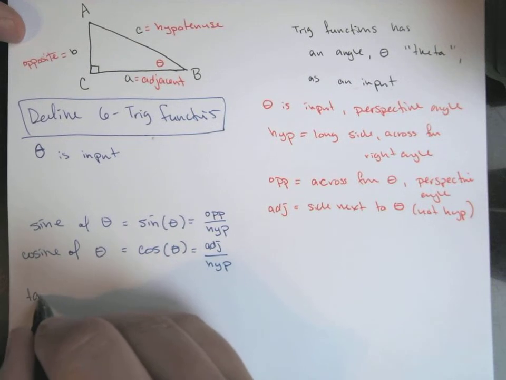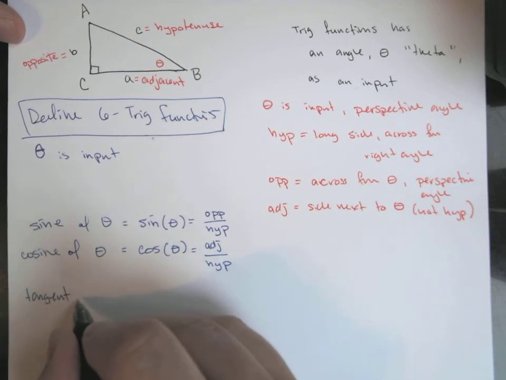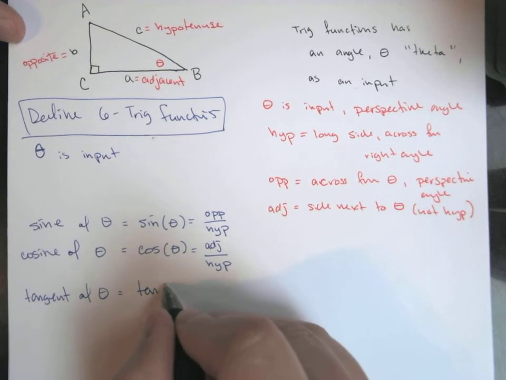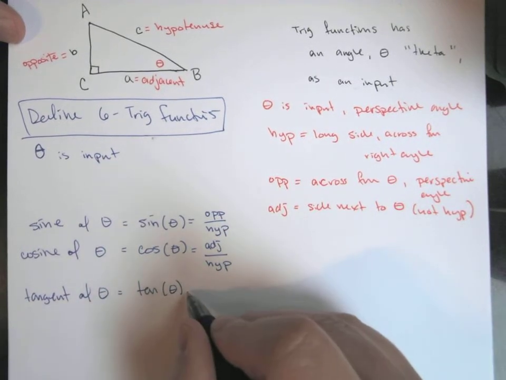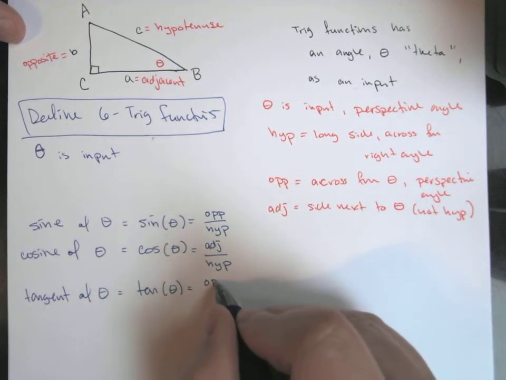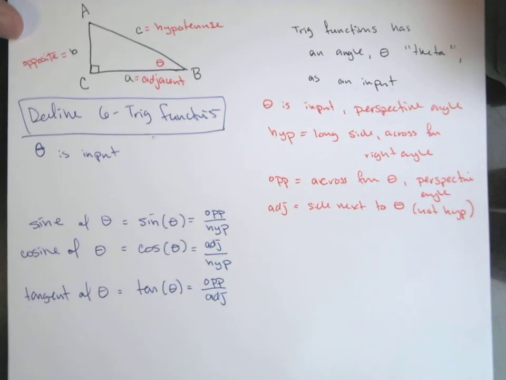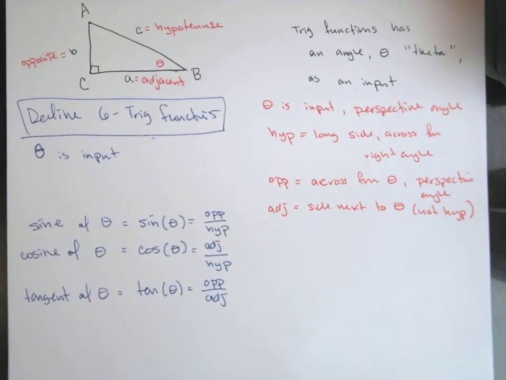Our third major one is the tangent of theta. So that's going to be tangent, tan. And tangent is going to be defined as the opposite over the adjacent. So tangent is based on the 2 shorter sides. Both cosine and sine have this property where it's an opposite or an adjacent over the hypotenuse.